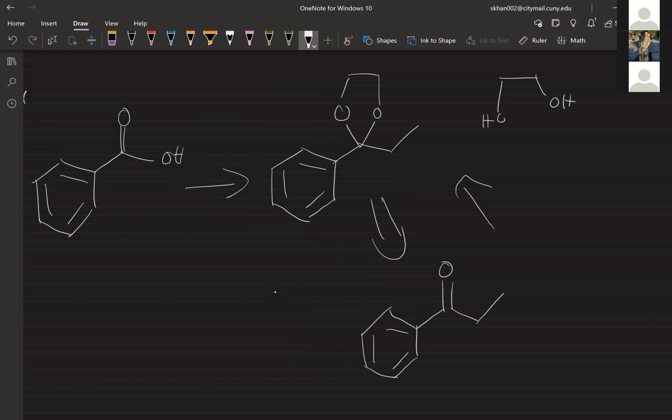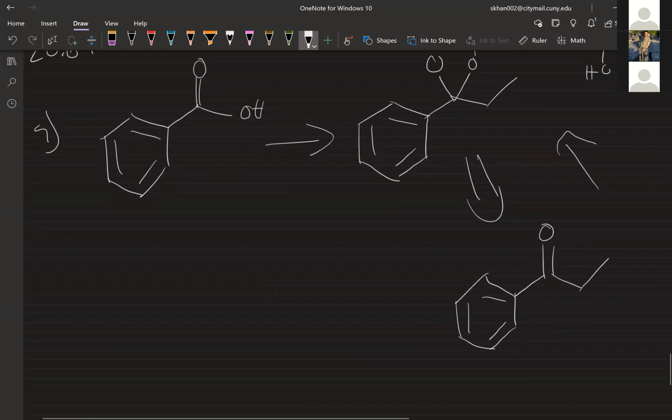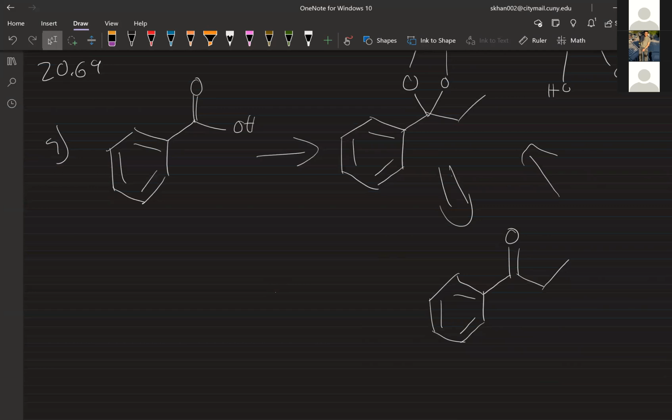I was talking about the derivatives, like an acyl chloride or acid anhydride, right? Those are reactive enough to form a ketone. And it's a good point you brought up the Grignard there, because when we get to that, you'll see why. Think about that. This is a ketone, right?